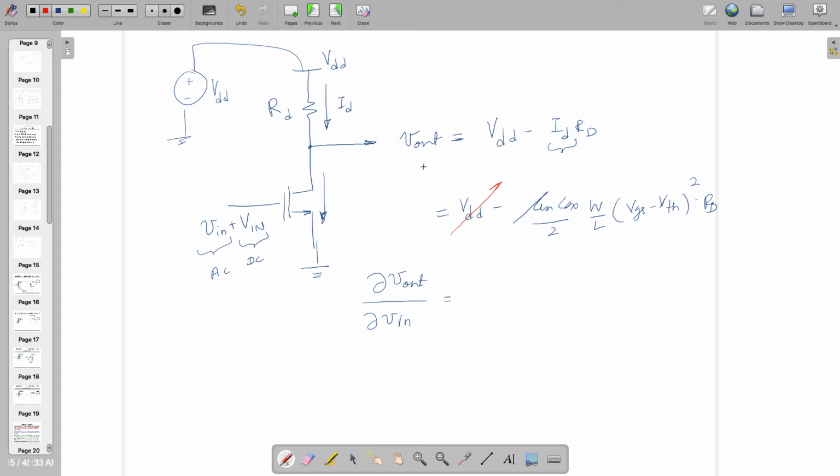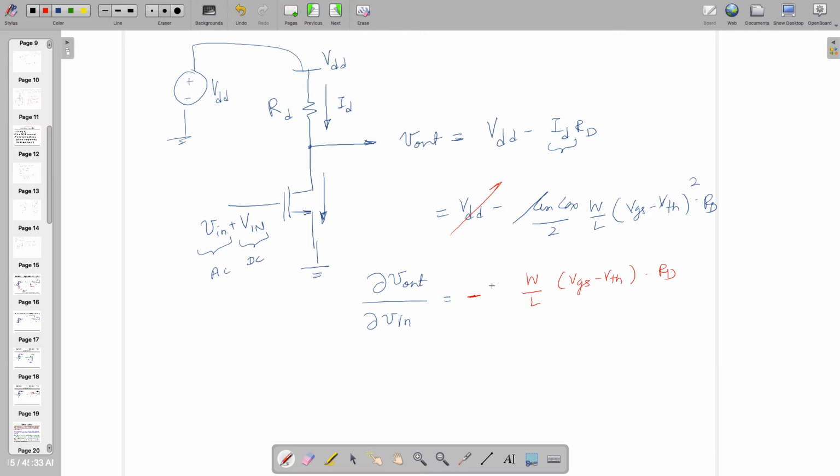If I take the partial derivative of V out with respect to V in, note that V in is nothing but VGS. W by L, so minus will be there, right? (VGS minus VT) into RD.